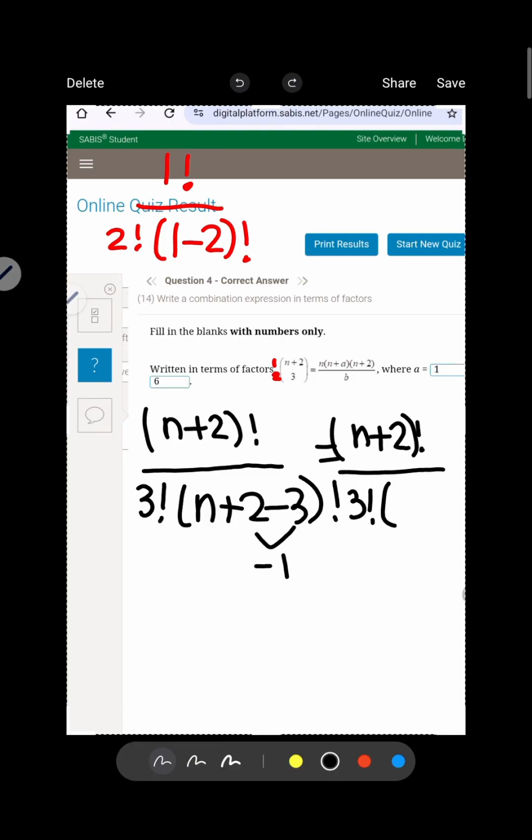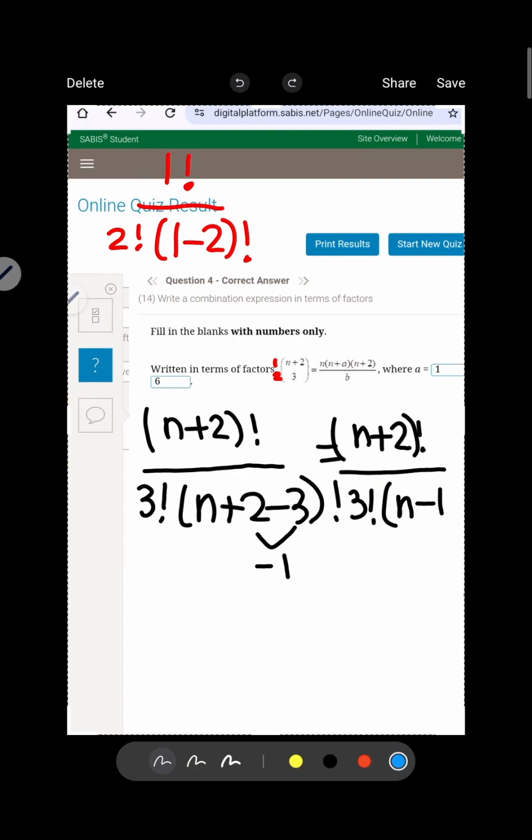You will get (n minus 1) factorial. Okay. Now, this is where you have to keep going down until you get to (n minus 1) factorial. Don't forget the factorial here. Yeah, there's a factorial, guys. Don't forget.